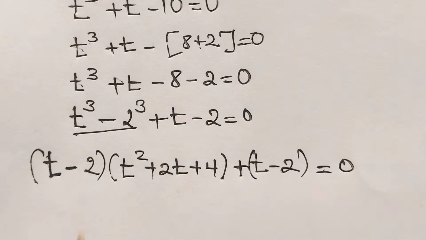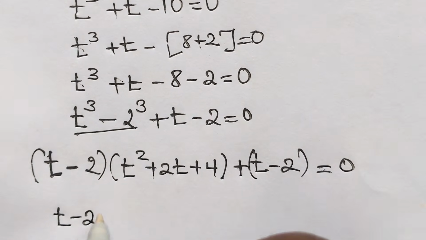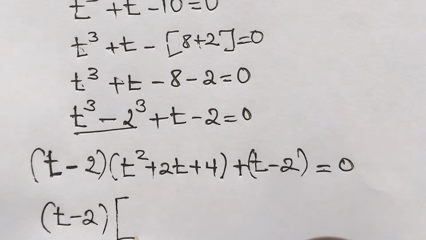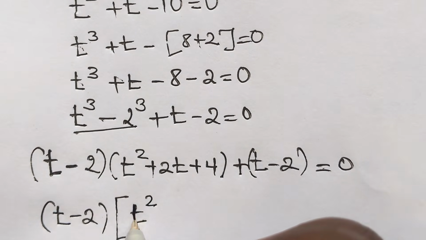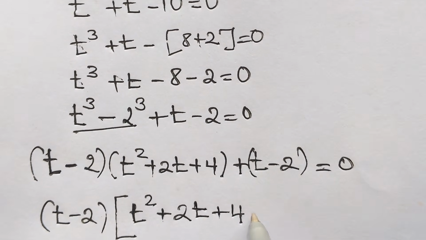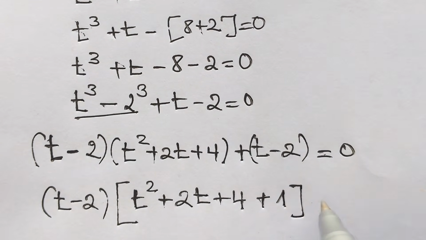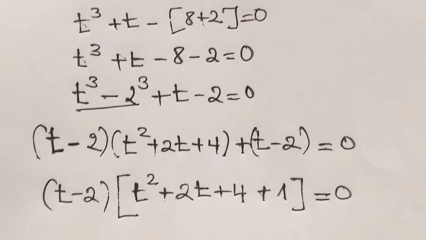At this stage we have t minus 2 as common. We shall factorize t minus 2, then open bracket of t squared plus 2t plus 4, then plus 1 from this one, close bracket equals to 0.